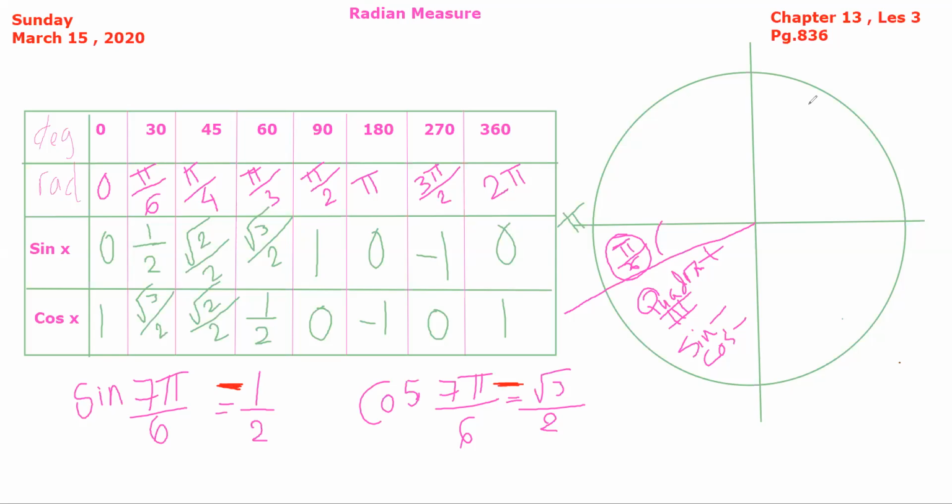So sine 7 pi over 6 is negative 1 over 2, and cosine 7 pi over 6 is equal to negative square root of 3 over 2. Without a calculator, I can find the sine and cosine of any of these angles.